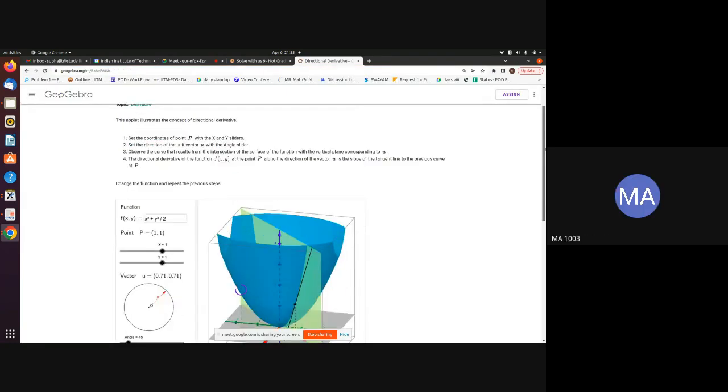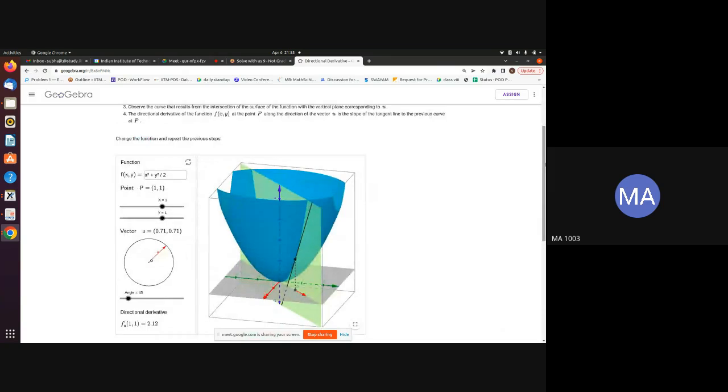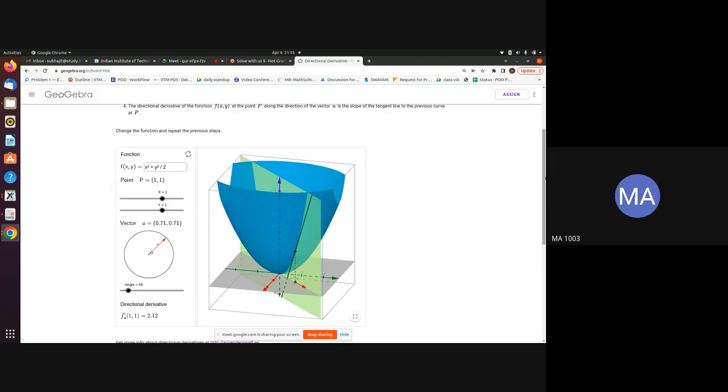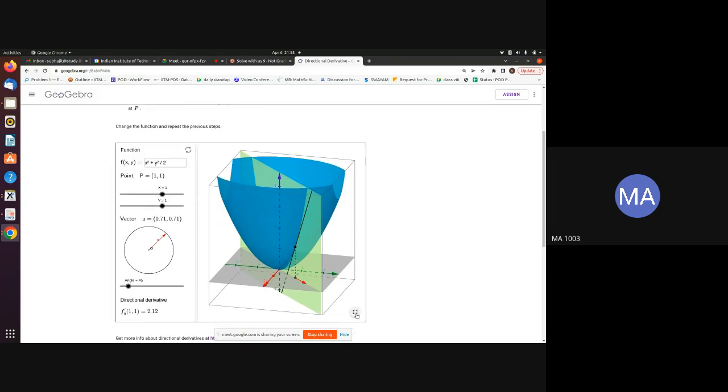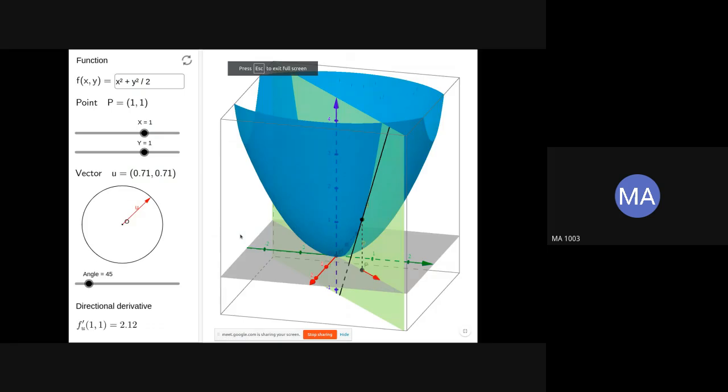Can you see this? Yes, sir. Okay. So this is one interesting demonstration you can see. I have taken a surface (x square plus y square) whole by 2.